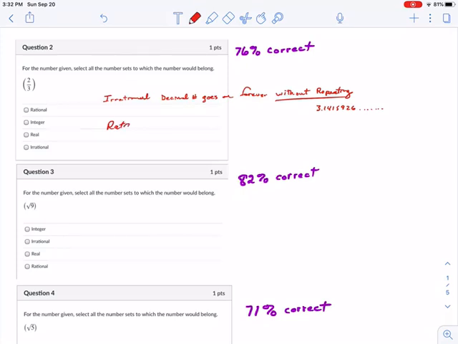A rational number can be written as a fraction. Any number we can write as a fraction is a rational number. Now, for some numbers, it's difficult to tell if you can write them as a fraction.